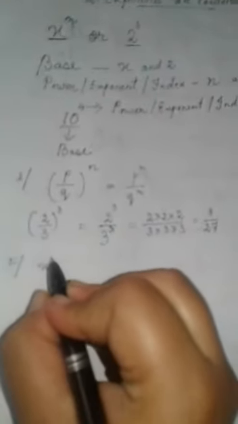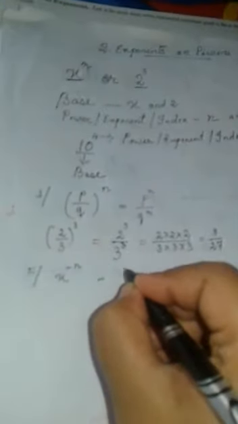Now the second rule: x raised to the power minus n. When our power is minus, what do we do? We reciprocate it. So it will be (1/x) within brackets, and the power will be n.